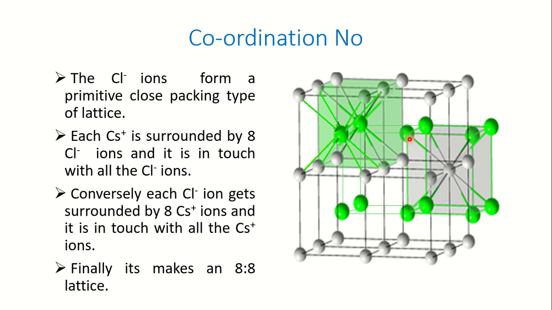After interpenetration, they take positions in such a way that the vertex of the unit cell made by the cesium ion takes the position of the body center of the unit cell made by the chloride ions, and vice versa. Therefore, here you can see that the simple cubic structures have interpenetrated in such a way that the structure looks like a body-centered cubic. Now the question arises, what should be the XRD pattern?